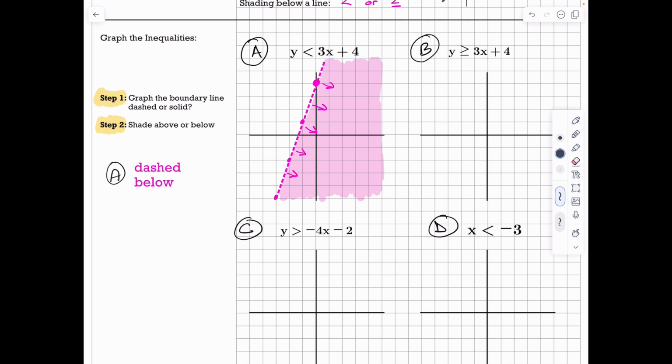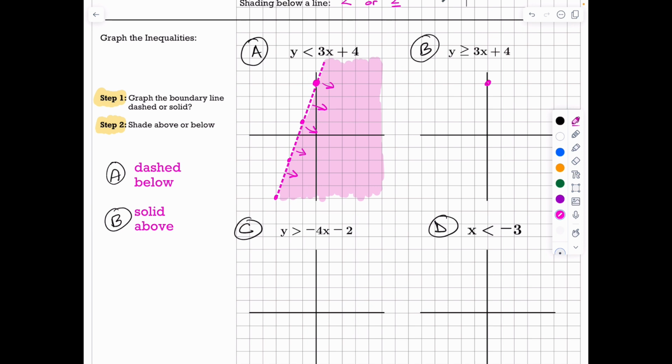Okay, so letter A, dashed line, and we shaded below. Letter B, dashed or solid? Solid, good. Above or below? Above. Plot the y-intercept, and hey, what do you know?